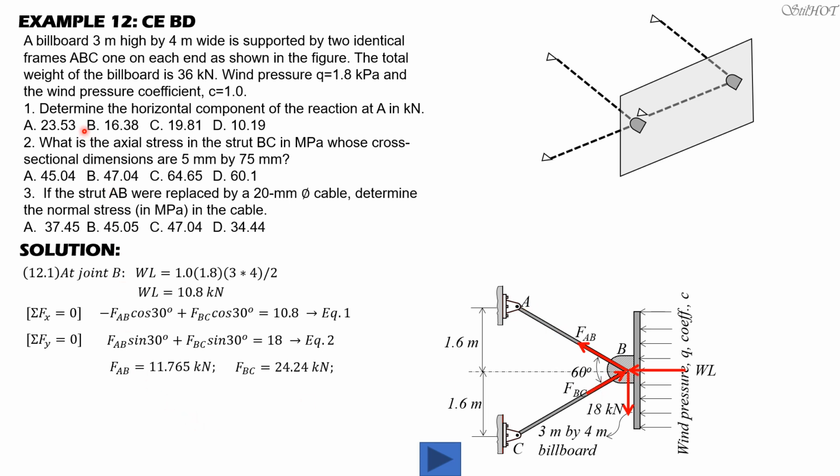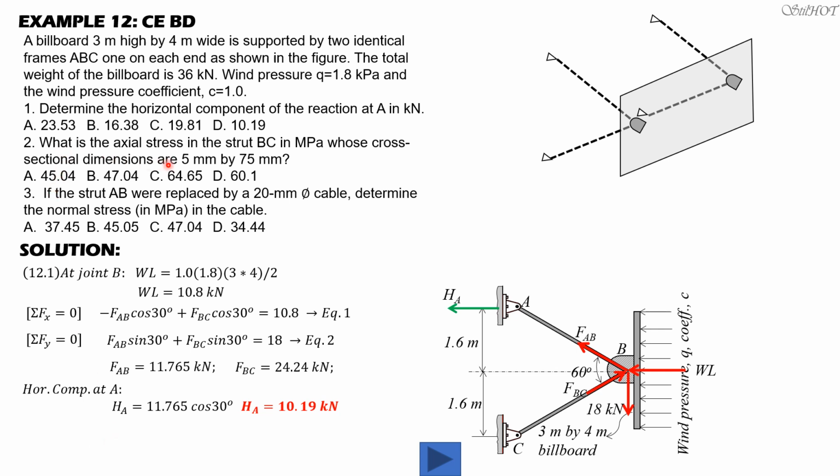Now, let's compute the horizontal component of the reaction at A. If this is A, the force is away because it is tension, therefore the horizontal reaction is also away, going to the left. And that HA is simply the horizontal component of FAB. So HA is 11.765 cosine of 30 degrees, which is equal to 10.19 kilonewtons.